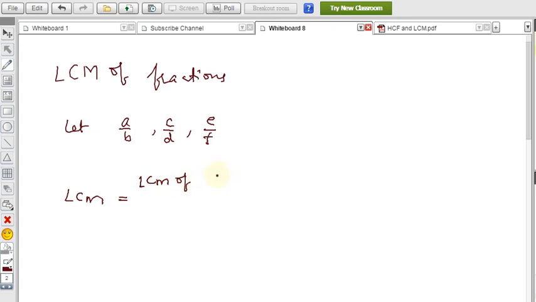LCM of numerators, that is a, c, e, divided by HCF of b, d, f. Now this is the LCM of fractions.